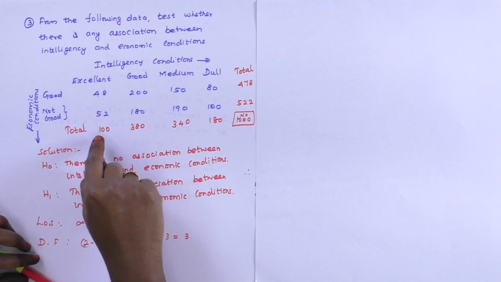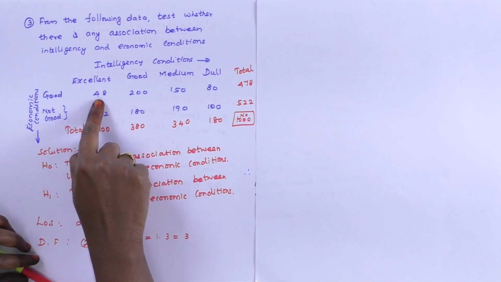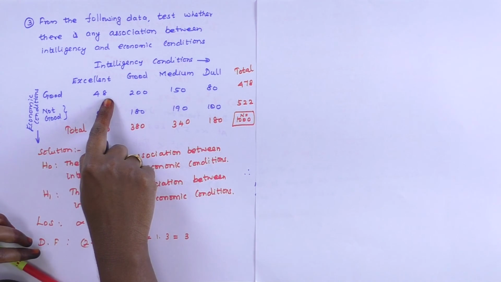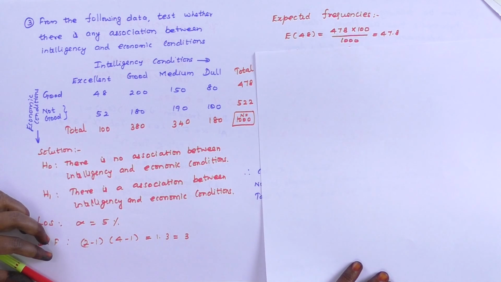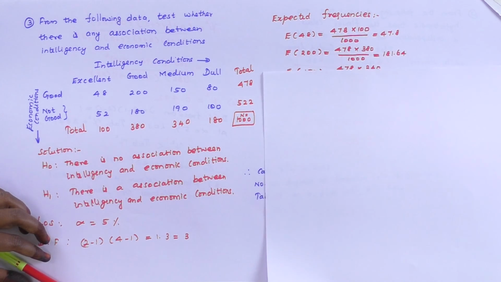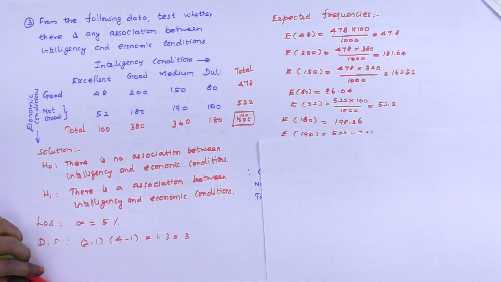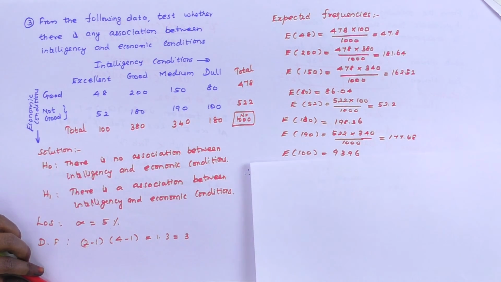That is 478 into 100 divided by 1000, the expectation for 48, which is 47.8. Similarly, we calculate the remaining expected frequency values using a calculator.